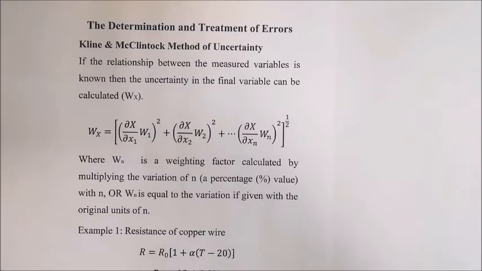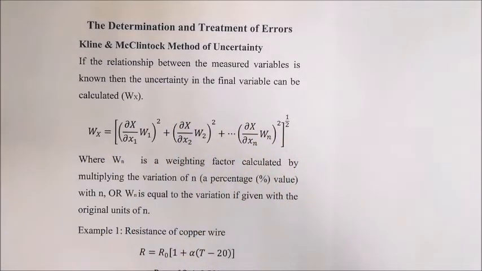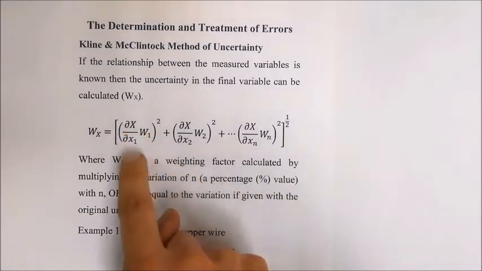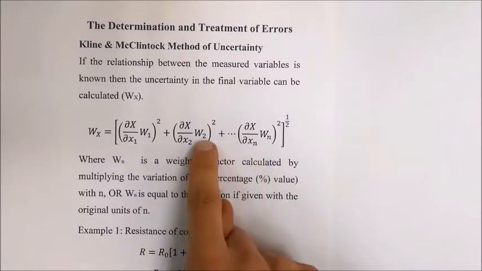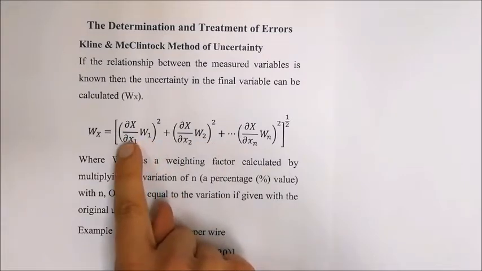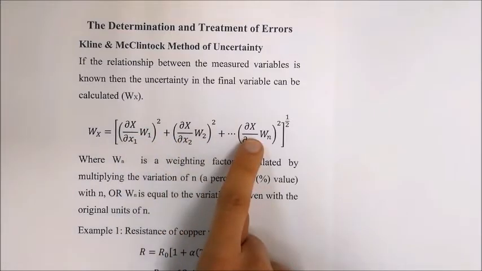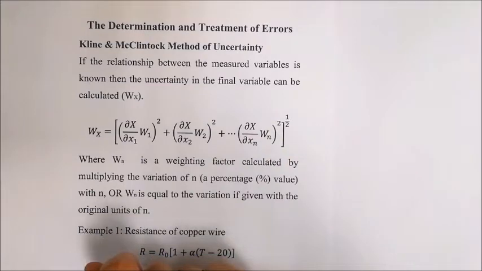uncertainty is. So this is the equation we're going to be looking at, and essentially it's looking at the derivative of each value within the equation multiplied by some weighting factor. Each weighting factor multiplied by the derivative is squared. We sum all these values together and then we take the square root of it.